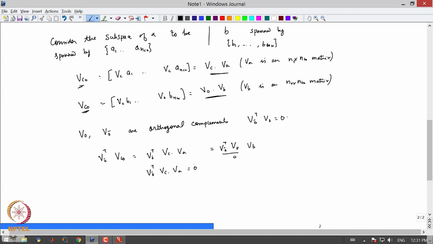Okay. Now, which means that this V a is in the null space of V naught transpose V c, okay, from here. Okay. Now, what is this V a?